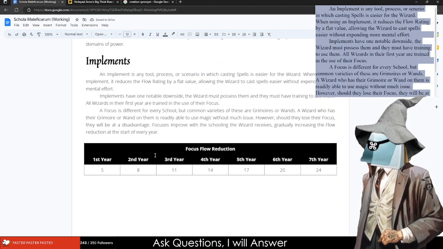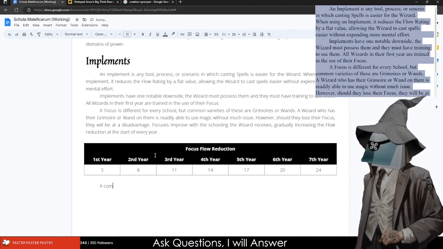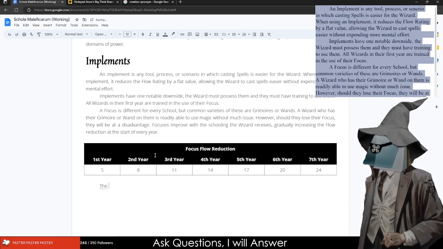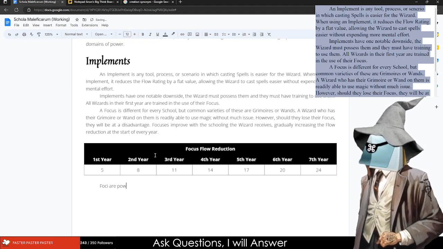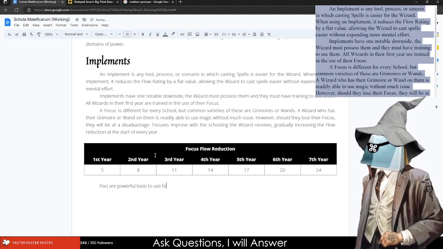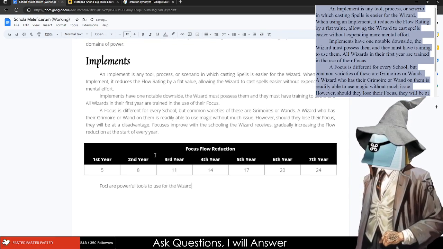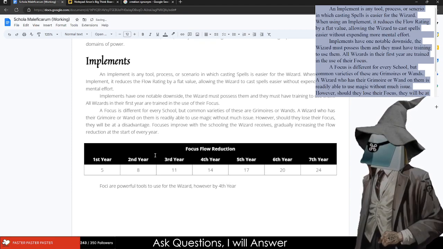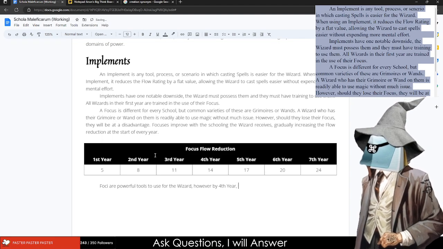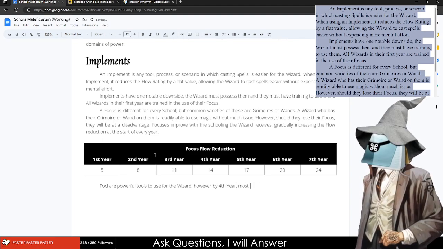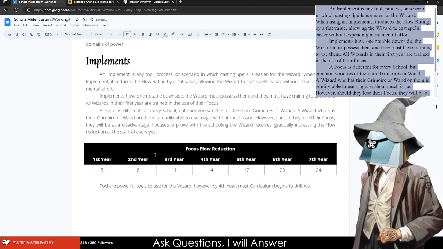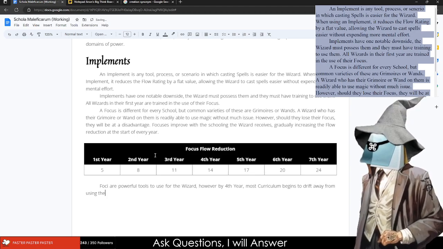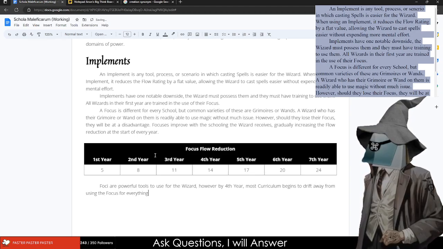Focus flow reduction. Foci are powerful tools to use for the wizard. However, by fourth year, most magic curriculum begins to drift away from using the focus for everything.